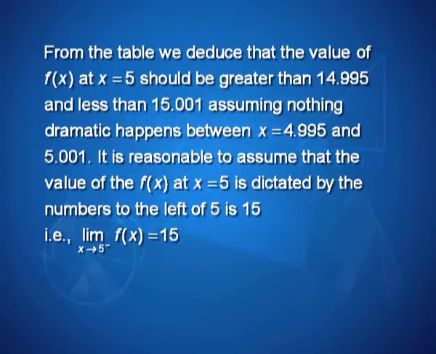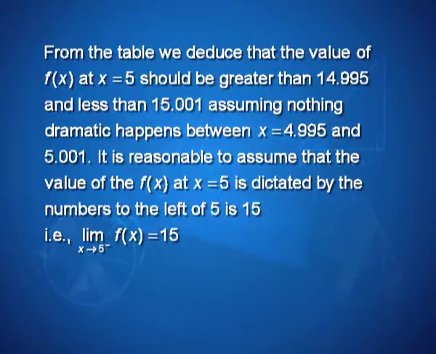From the table, we deduce that the value of f of x at x is equal to 5 should be greater than 14.995 and less than 15.001, assuming nothing dramatic happens between x is equal to 4.995 and 5.001.